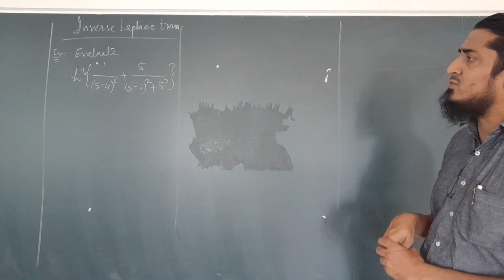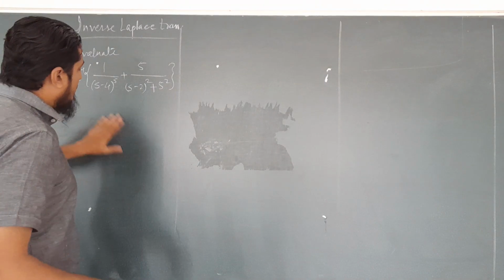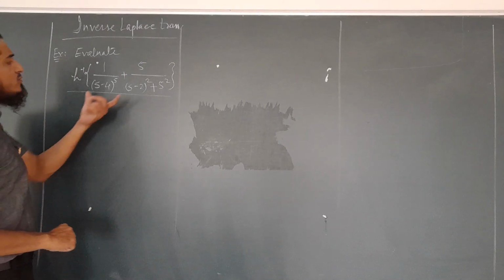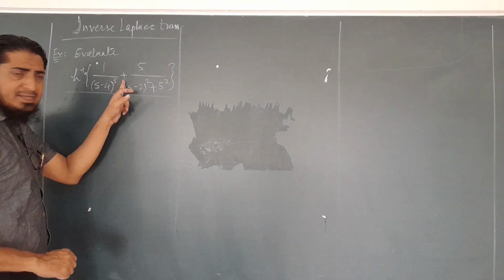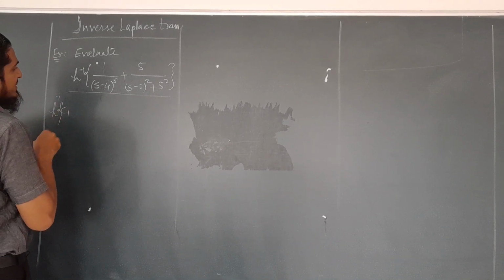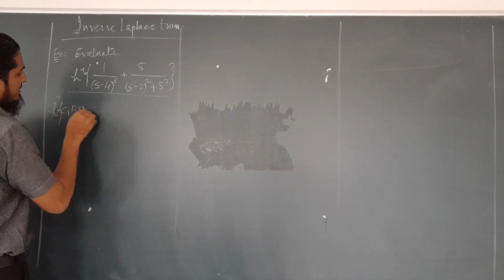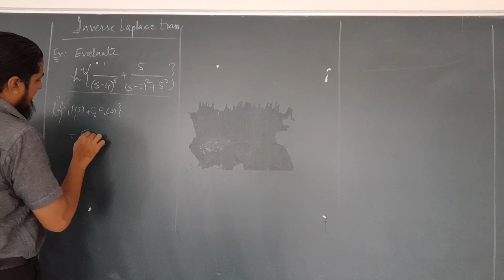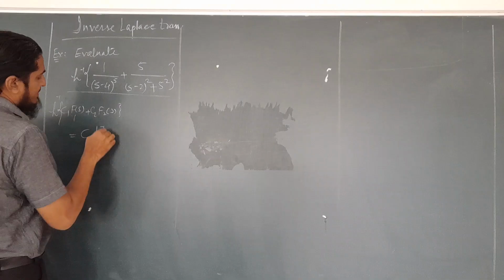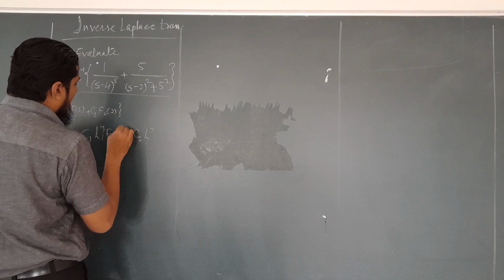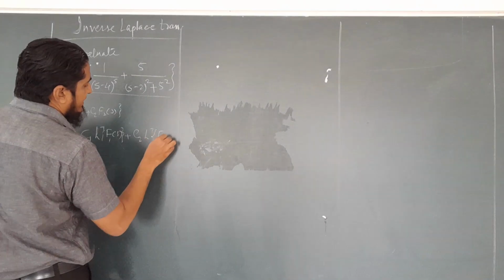Before starting to solve this example, we must know how to solve it. Since we have two functions connected by addition, we know that the inverse Laplace transform of c1 f1 of s plus c2 f2 of s gives c1 times the inverse Laplace transform of f1 of s plus c2 times the inverse Laplace transform of f2 of s.